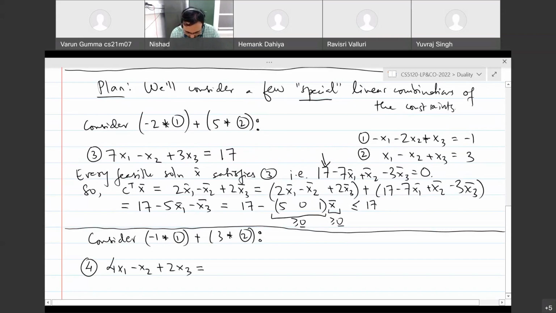And 1 plus 9 is 10. Okay. So every feasible solution satisfies this constraint.